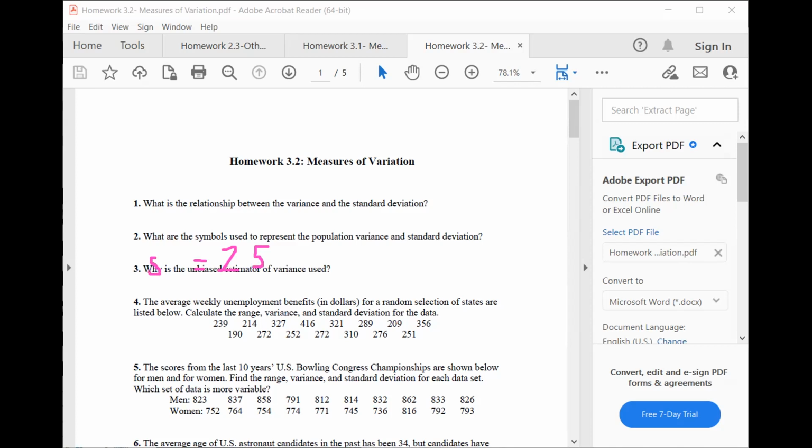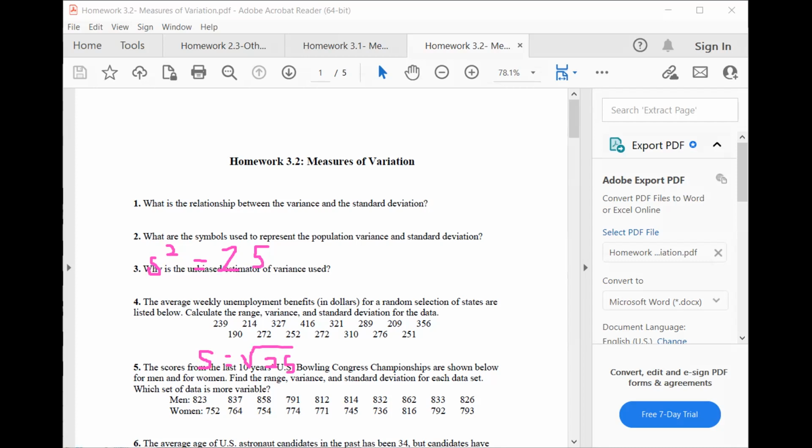My variance is 25 units. What would S be? 5. Right. S is the square root of 25.